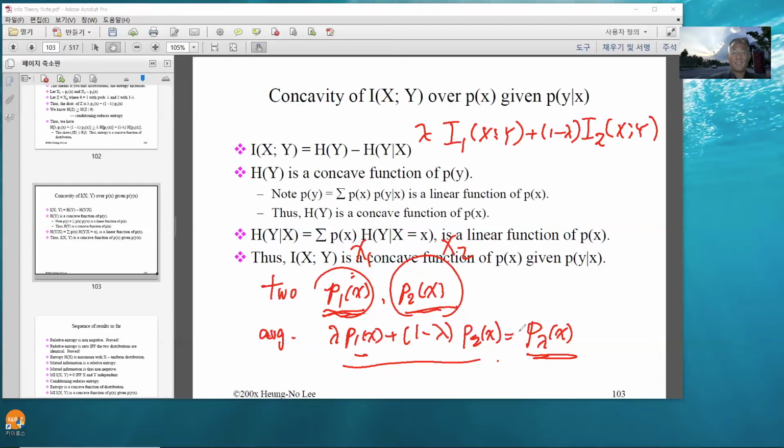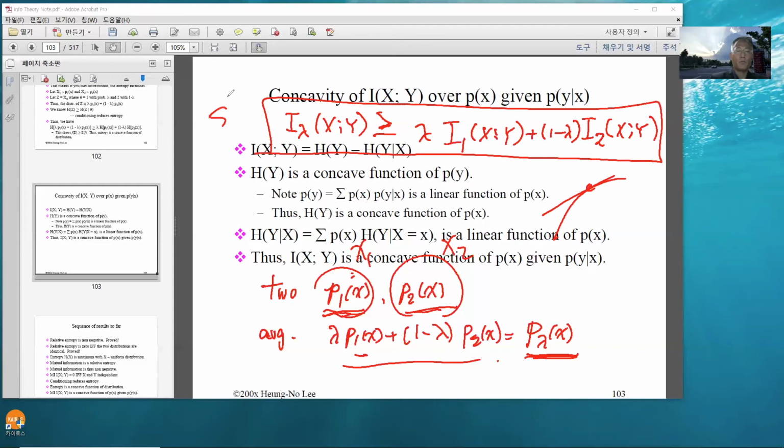And then another one based on p_lambda(x), right? And in order to show concavity, the concave function of average should be greater, so this goes that way. We need to show this.